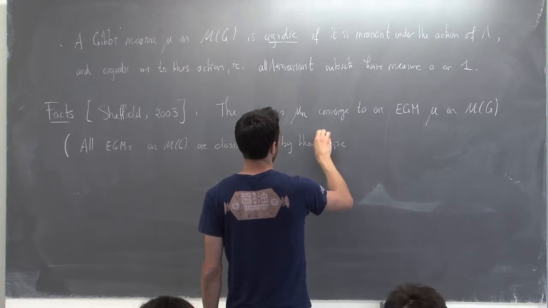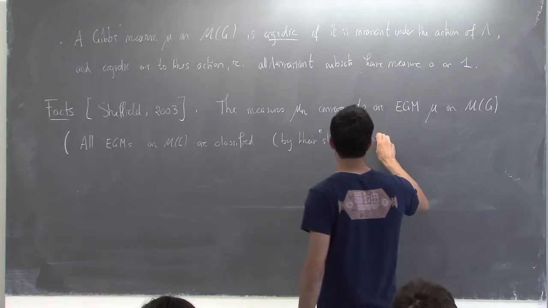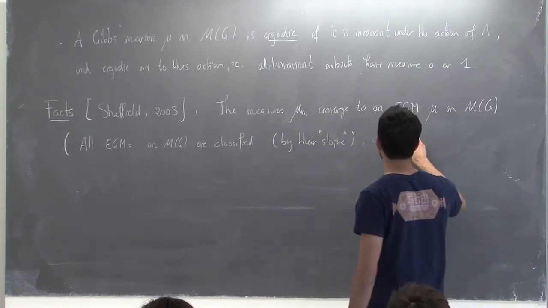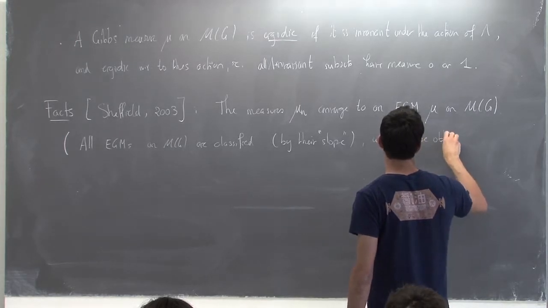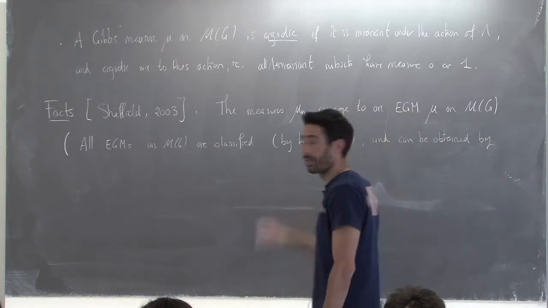And again, I'm not going to define this, but just for general culture. All ergodic Gibbs measures are classified by the slope and can be obtained by taking such kind of limits.